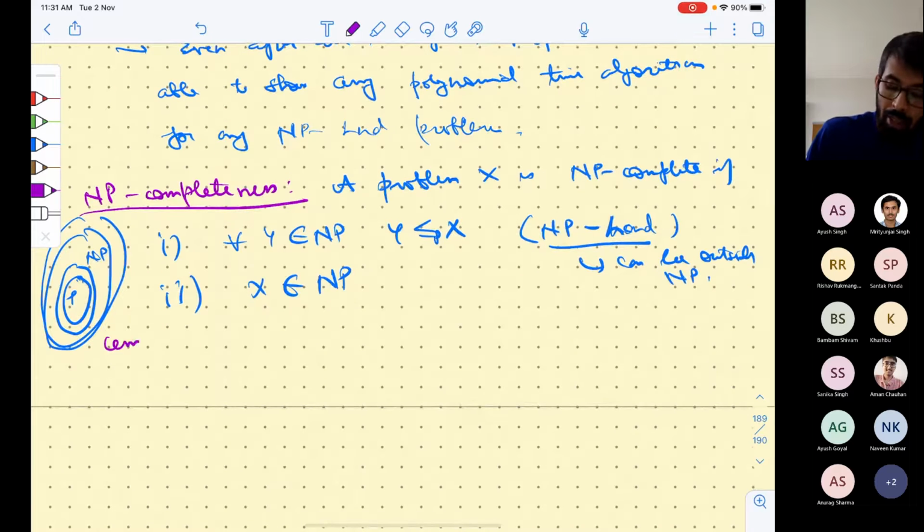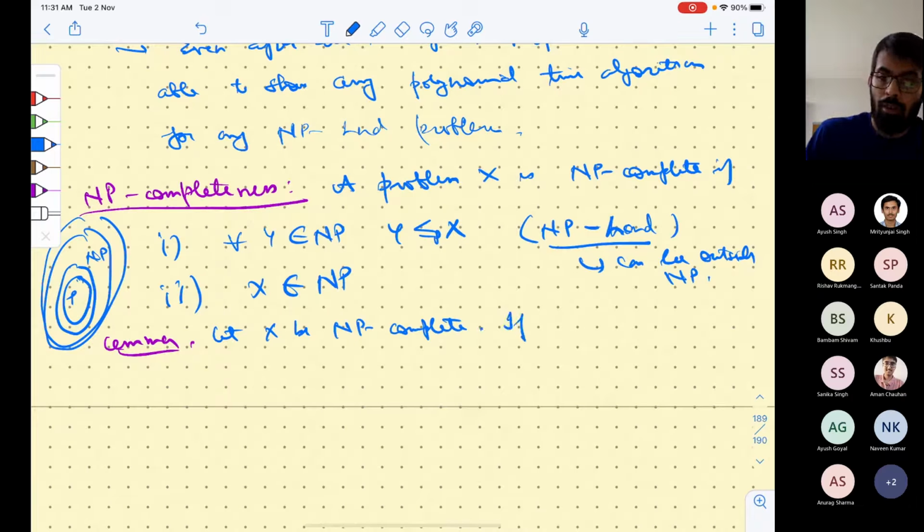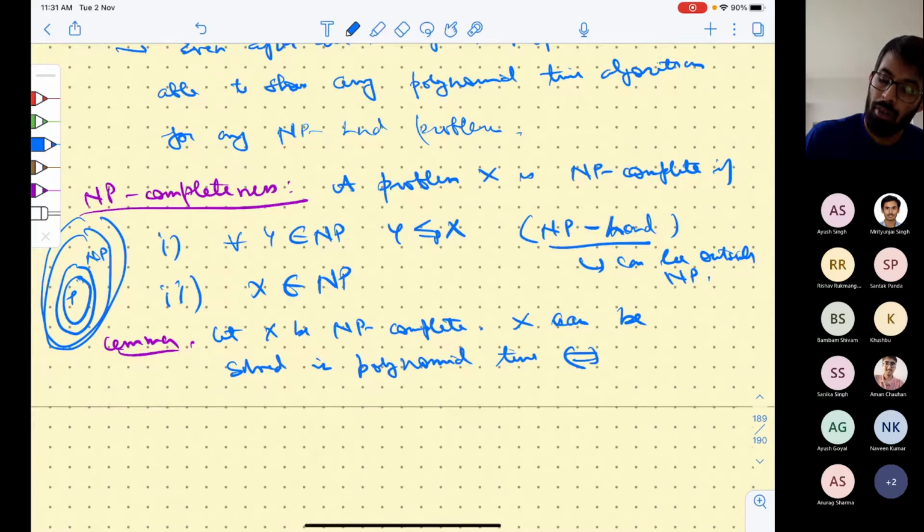And now there is a lemma that says, let X be NP complete. Then X can be solved in polynomial time if and only if P is equal to NP.